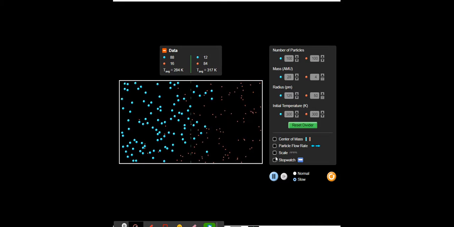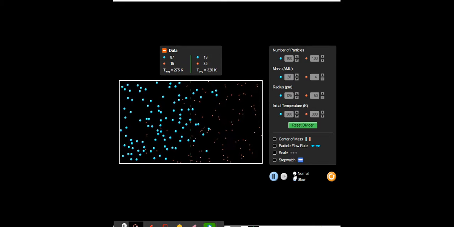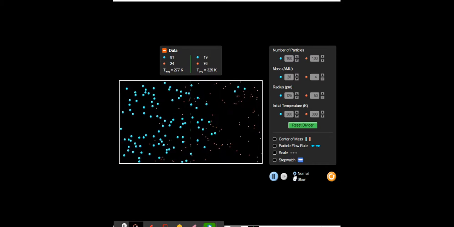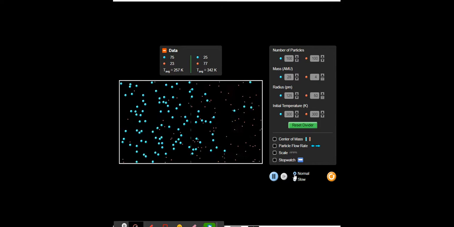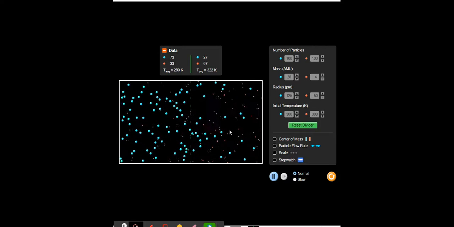Okay, if I speed them up, so it's normal speed, let's see what it looks like. They're moving a lot faster.